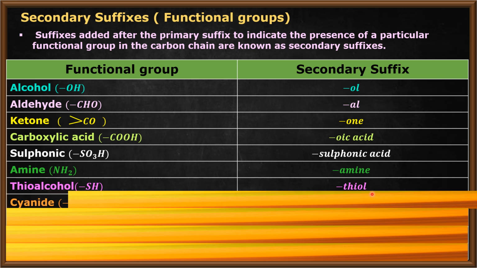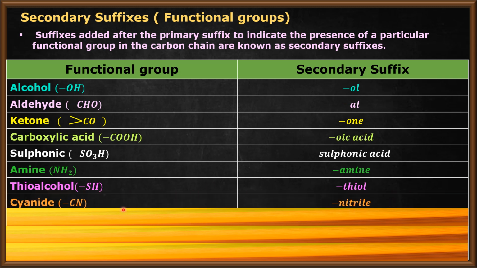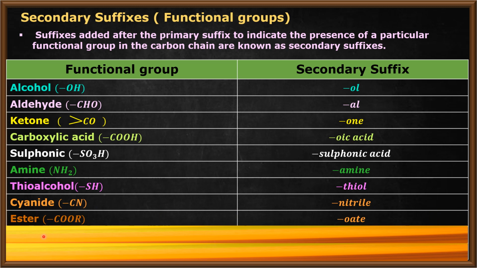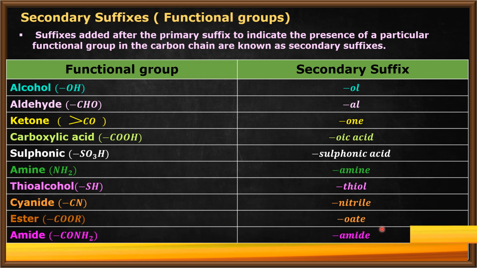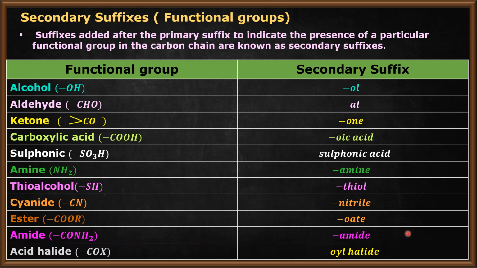Thioalcohol, SH, thiol. Cyanide, CN, nitrile. Ester, COOR, secondary suffix is oate. Amide, CONH2, secondary suffix is amide. Acid halide, COX, oyl halide.